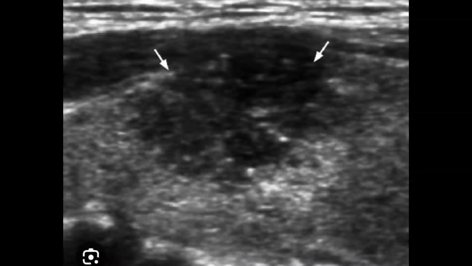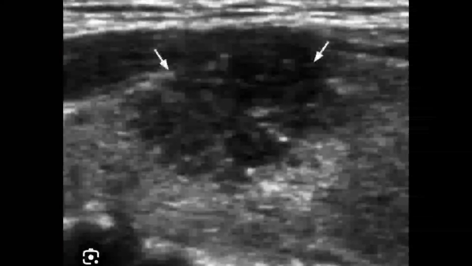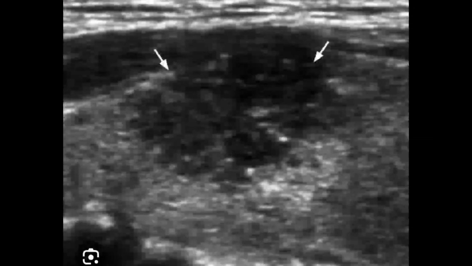Next comes the point where you have to focus on the outline and the margins of the nodule, which will make it suspicious. In the suspicious U4 nodule, there will be a lobulated outline. Smoothness will no longer be maintained, so this would appear lobular. Here you can appreciate that the nodule is markedly hypoechoic.